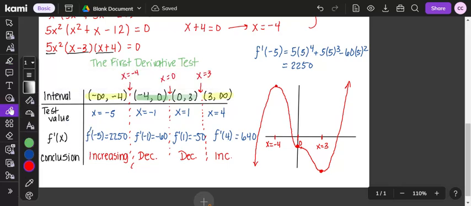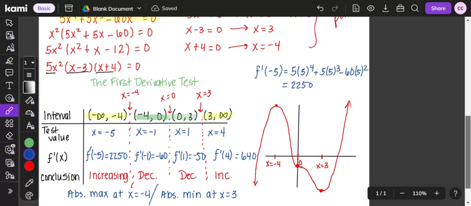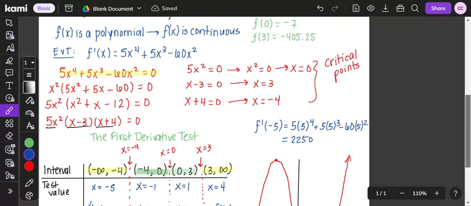And I can say, lastly, that it looks like I have an absolute maximum value at x equals -4. And I have an absolute minimum value at x equals 3. Okay, so that is how you use the first derivative test to figure out how a function behaves without its picture.